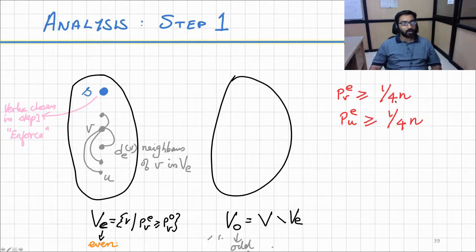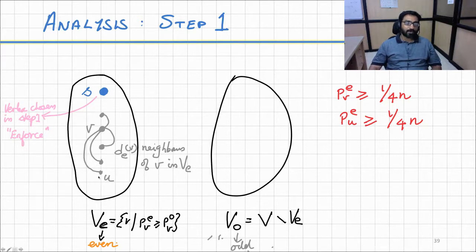Now, PVE we already have, but to get to PVO, we're going to try and get a bound on PVO by looking at the neighborhood of V and seeing what is the probability of reaching the neighborhood in an even number of steps, because once you reach a neighborhood with an even number of steps, then in one step you will reach V, and that will be a way to reach V with a walk that's of odd length, and so that will give us PVO. So that's really where we're going. So let's go one step at a time.